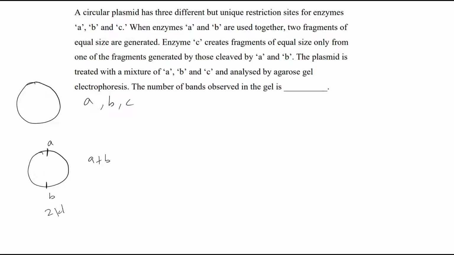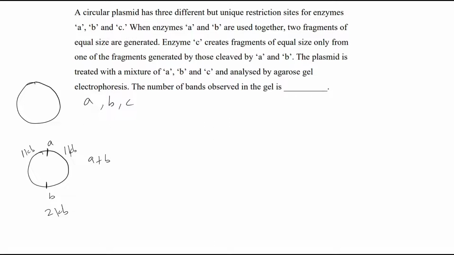Consider it as a 2 kilo base pair plasmid. So there will be two fragments generated due to these two cuts, right? There will be a left fragment which is 1 kb and a right fragment which is also 1 kb.